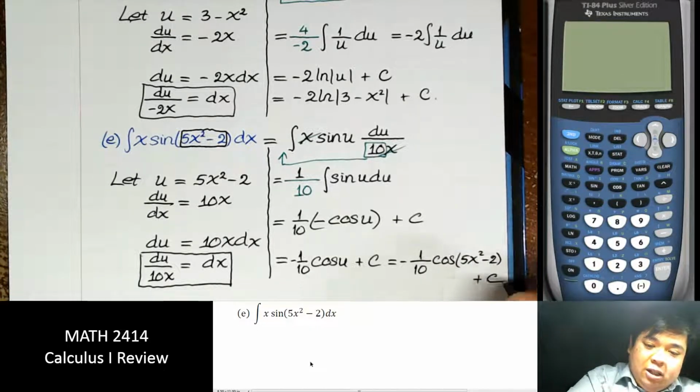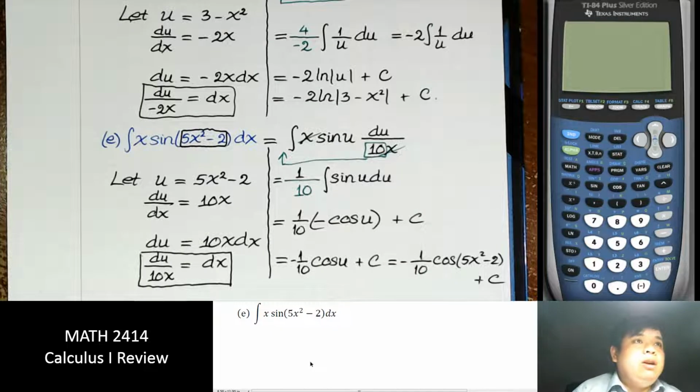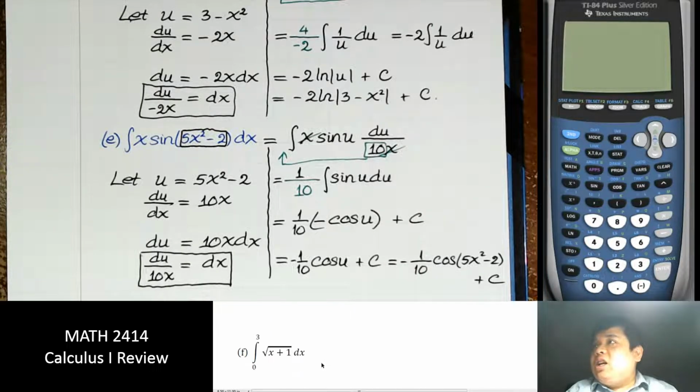And then plus c. Right. That's just a standard substitution problem.